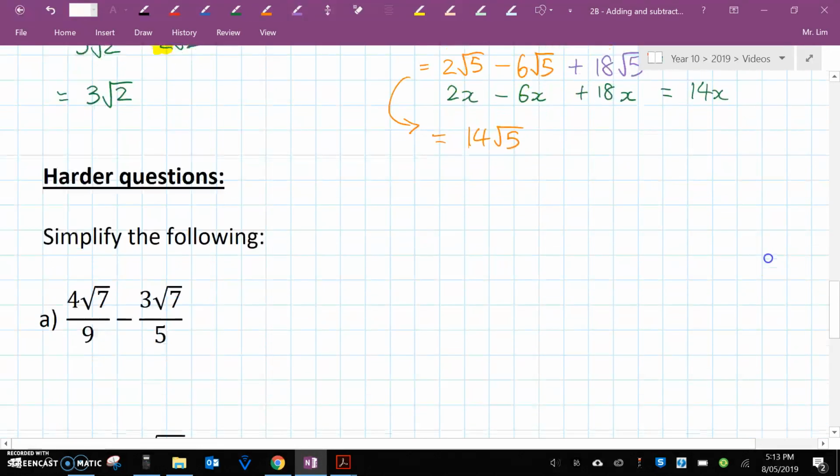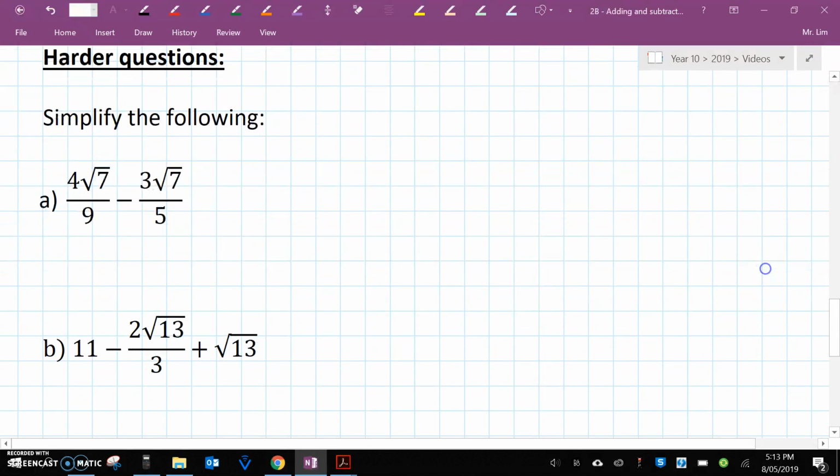Let's have a look at some harder questions. Here we have a fraction minus another fraction. In order to do that, we need to have the same denominator. Okay, so I'm going to cross multiply. So it's going to be over 9 times 5 is 45. I'm going to cross multiply this way: 4 root 7 times 5 is 20 root 7.